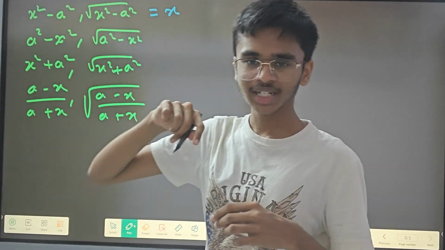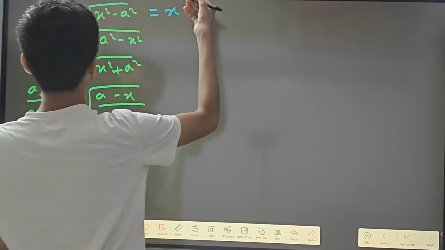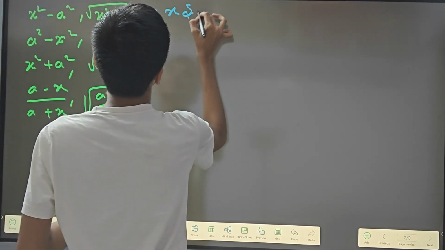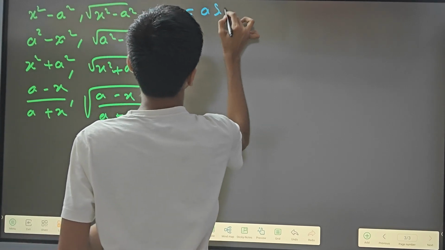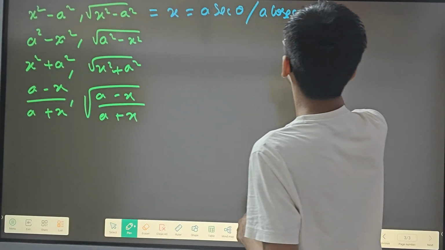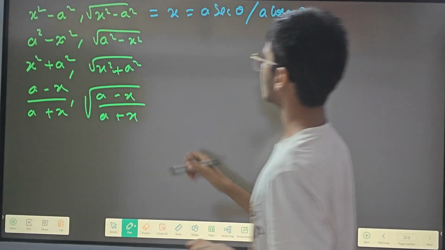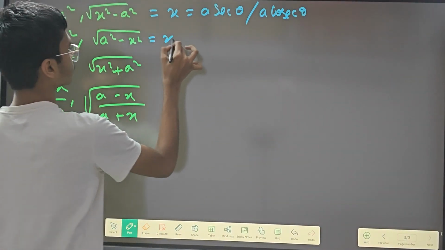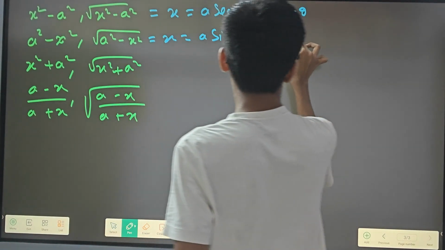In ITF I have written it but I have not discussed it. So in place of x you can write a sec theta or a cosec theta. Then here in place of x you can write a sin theta or a cos theta.